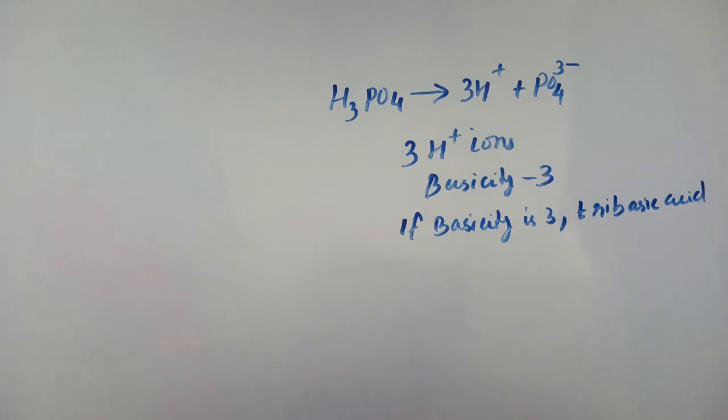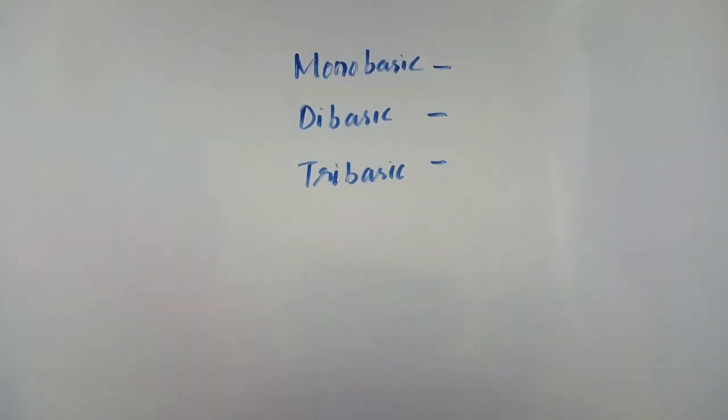That is, we have learned monobasic, dibasic and tribasic. If basicity is 1, it is monobasic. If basicity is 2, it is dibasic. If basicity is 3, it is a tribasic acid. Next, we can look at some examples for monobasic, dibasic and tribasic.